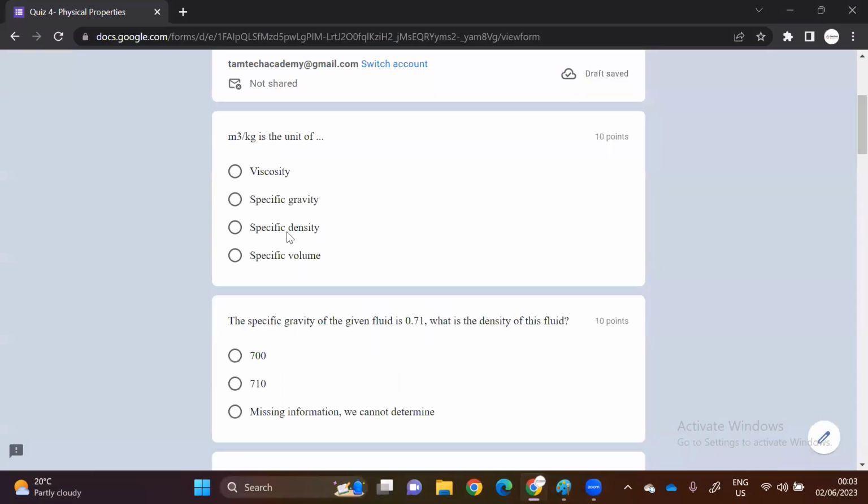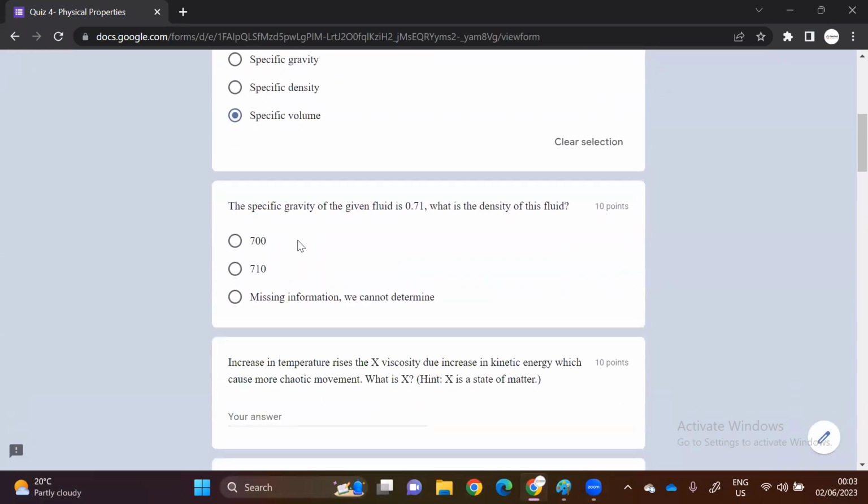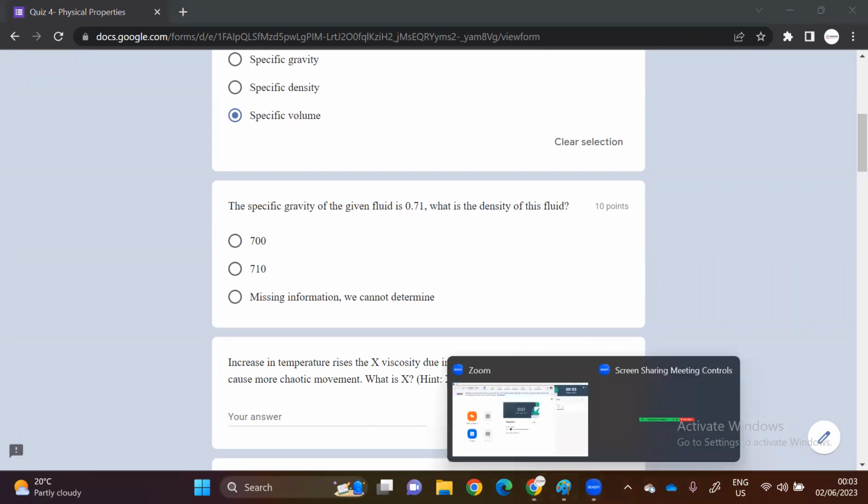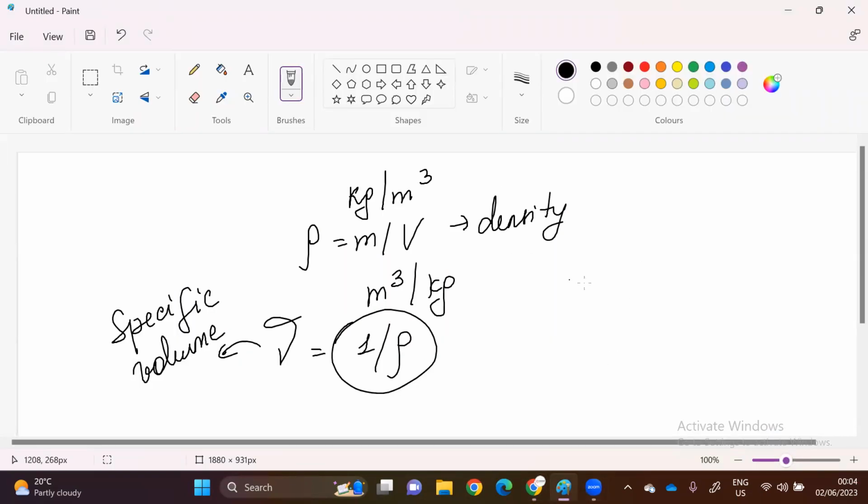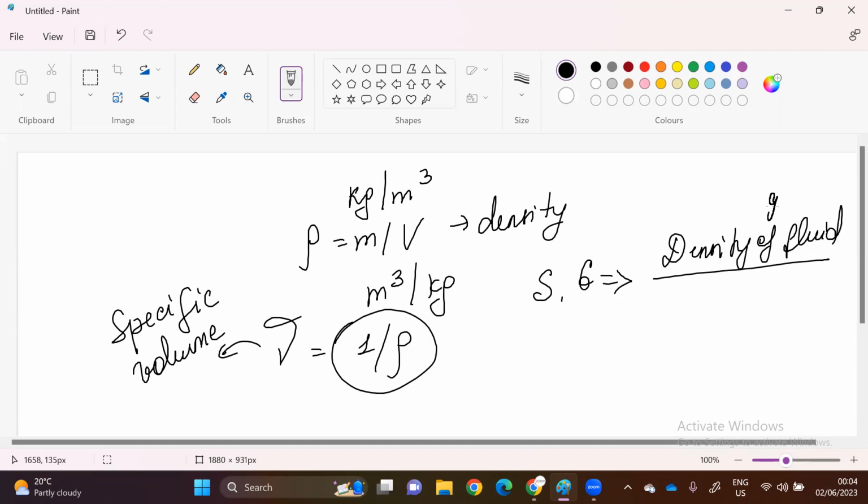Next one, specific volume. The second one: specific gravity of the given fluid is 0.71. What is the density of this fluid? So specific gravity is given. Briefly, this is named SG, specific gravity. This is equal to density of the given fluid over density of water.